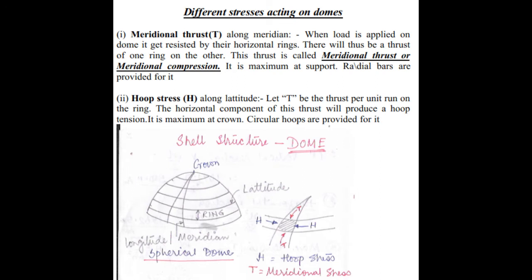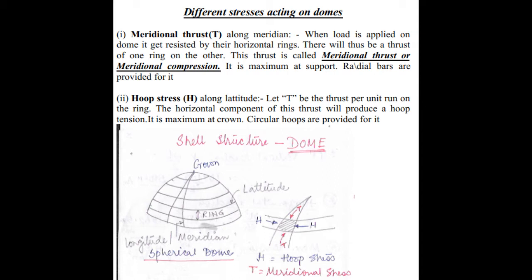Let us see what are the different stresses acting on a dome. As you can see in the diagram, meridional stress or meridional thrust acts along the meridian, obviously from there the name comes. Now when the load is applied on the dome, it gets resisted by the horizontal rings. That is the property of any member: when you apply some external load on it, it will try to resist, and that is the concept of stress generation.